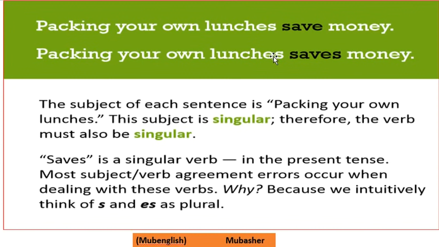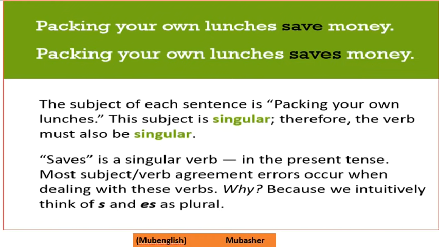And in nouns, the word which carries s or es, that is plural, and the word which doesn't carry s or es, that is singular. So that is quite an opposite notion, so it confuses us most of the time. So we intuitively think that this saves is plural and we make this kind of mistake. Now this is the second phase.